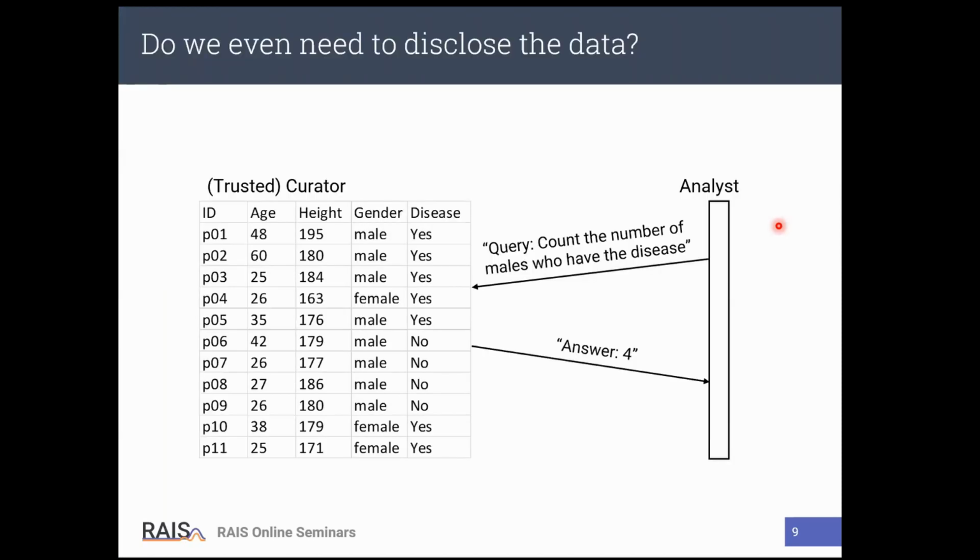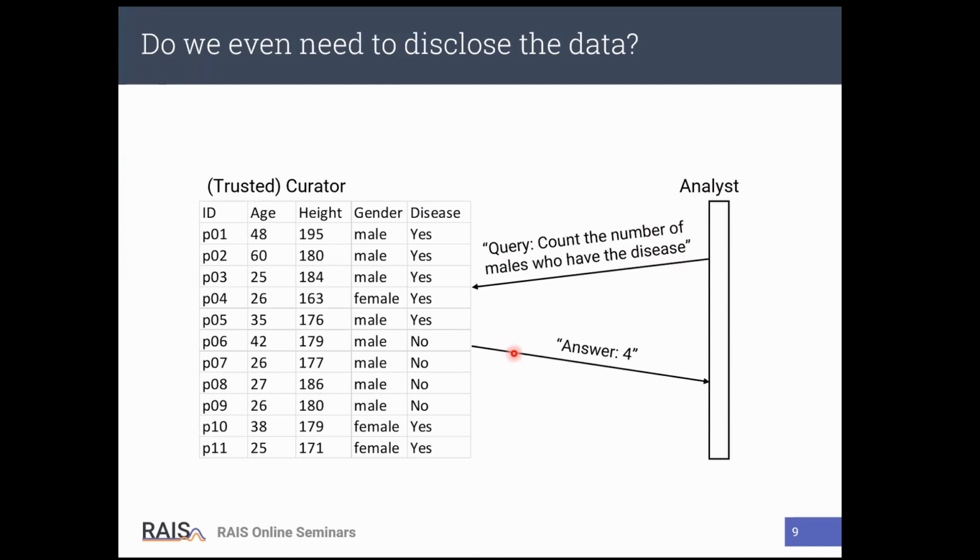So the setting of differential privacy is that the analyst won't be able to see the data, but will only be enabled to ask some queries. So some aggregate questions about the data. For example, tell me the number of males who have the disease.